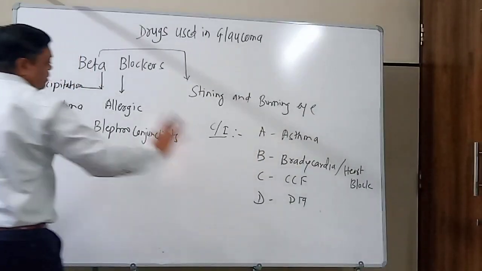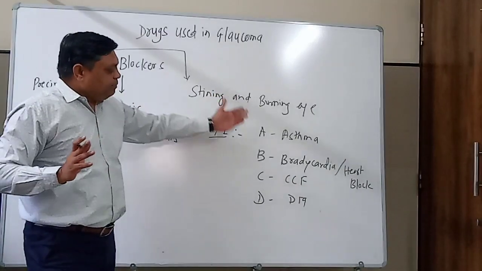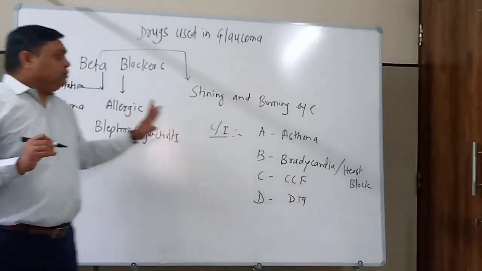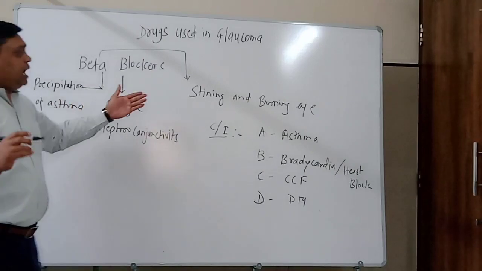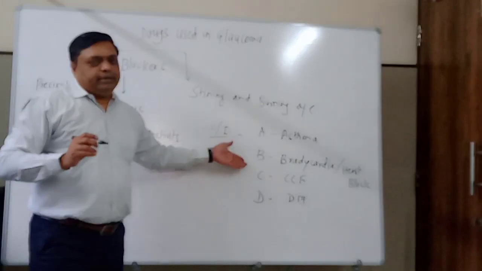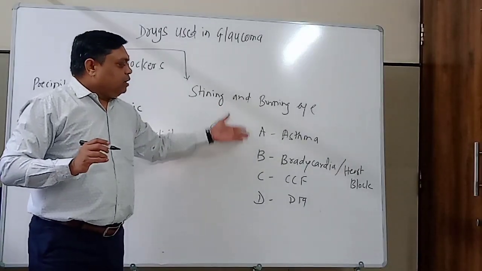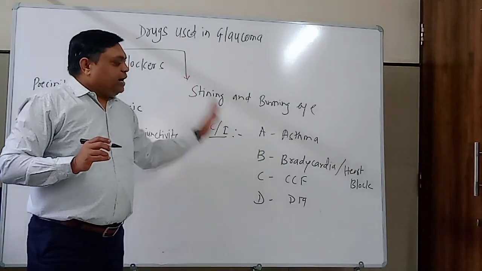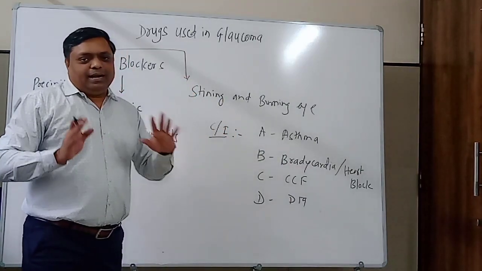In these four conditions, non-selective beta blockers are contraindicated. But cardioselective beta blockers like betaxolol, levobetaxolol we can use, but cardioselective beta blockers are less efficacious.